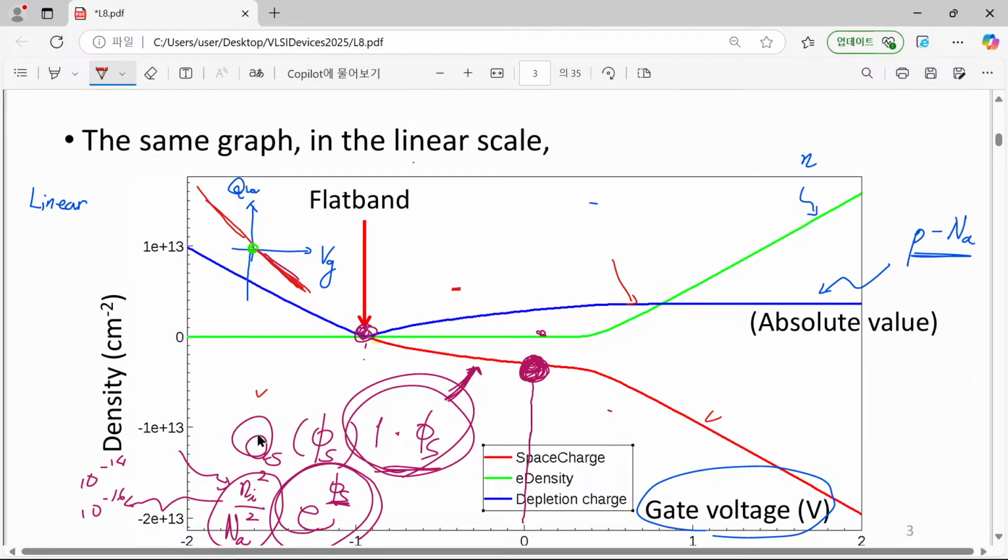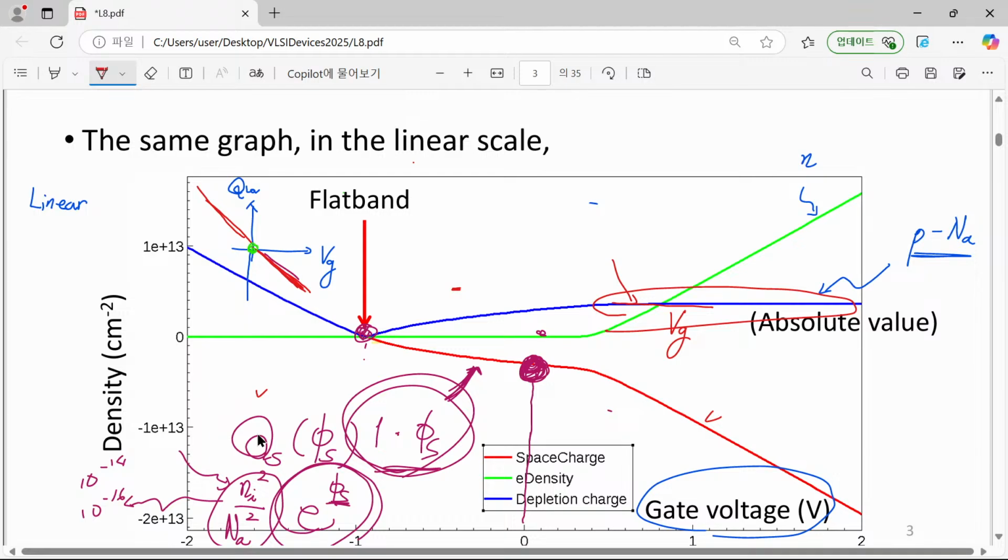Yes, it looks like just a constant. But if we magnify it, then you will see it is really almost flat, but slightly increasing as a function of gate voltage.